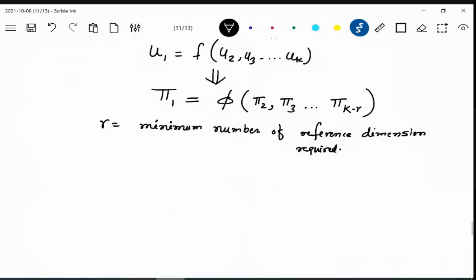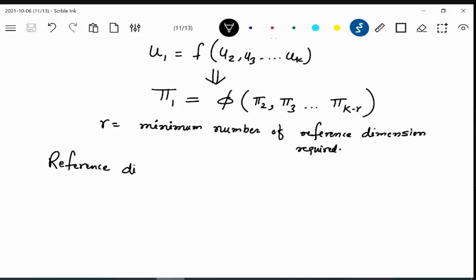This is same as what you read in your elementary physics. And this reference dimension can be written either in terms of MLT or FLT.